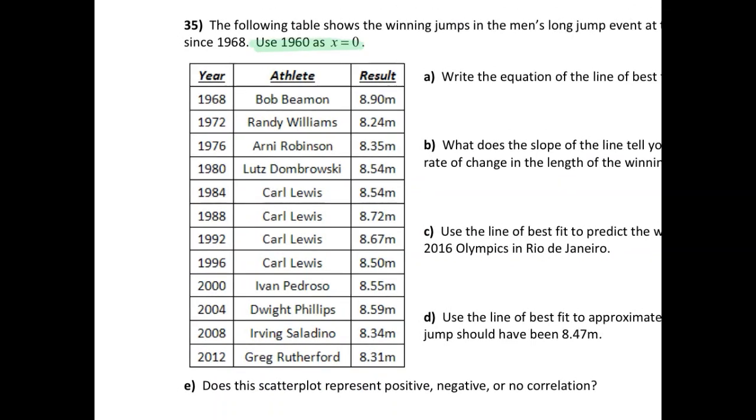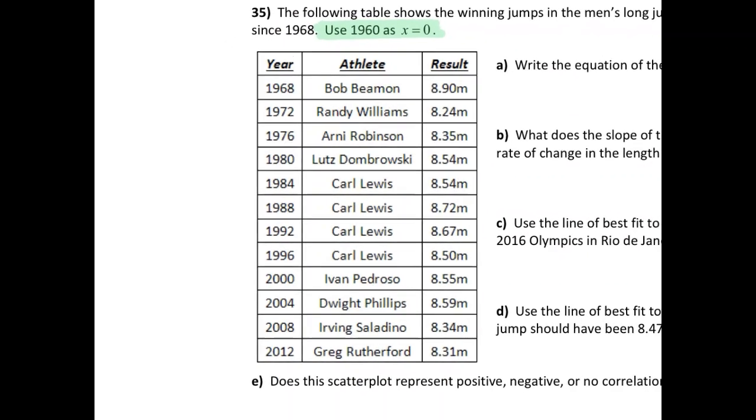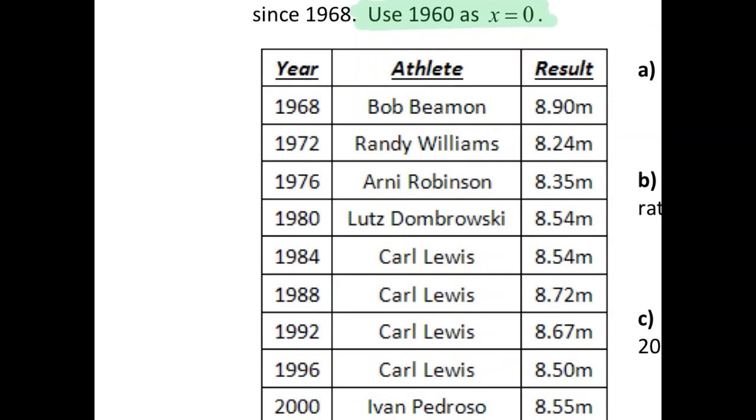So the first thing that I want to point out is that if 1960 is considered the beginning of time for this problem, 1960 is year 0, you want to change, before you start typing anything in, each of the years to how many years it is after 1960. So for example, 1968 is 8 years later, 1972 is 12 years later, 1976, 16 years later, 1980 is 20 years later. Remember that we're thinking how many years after 1960.